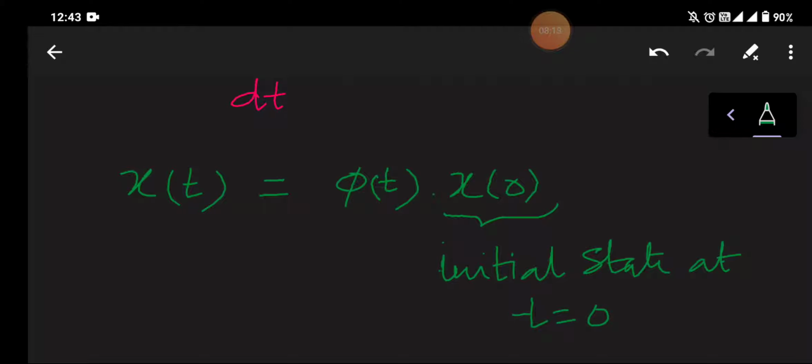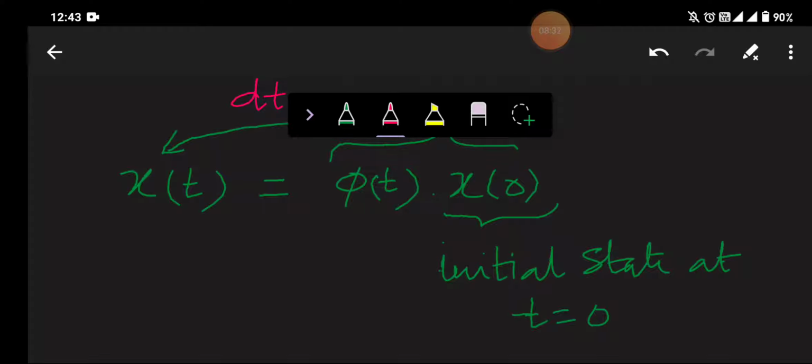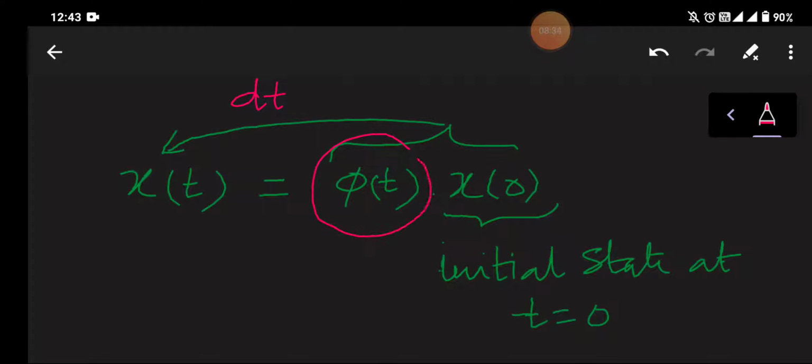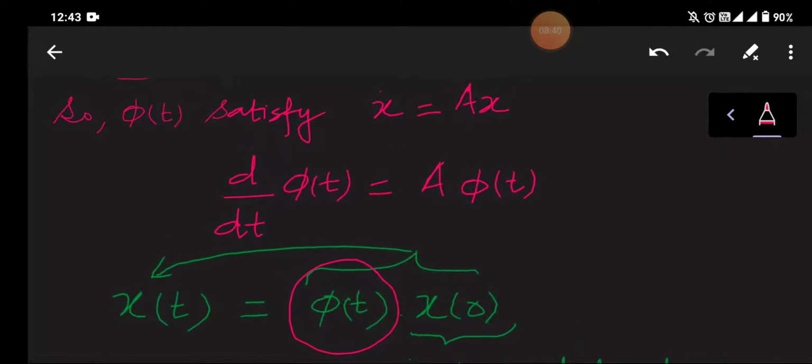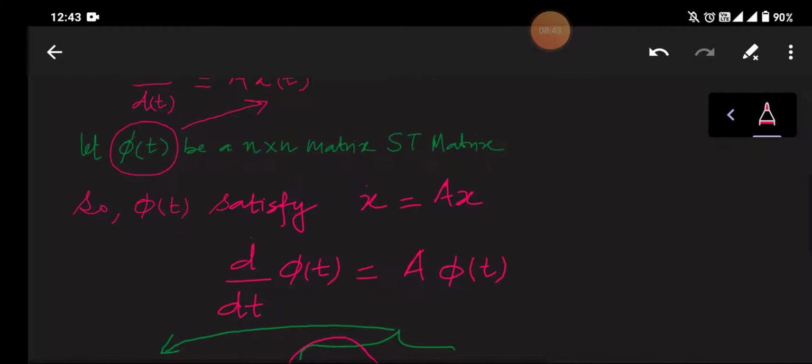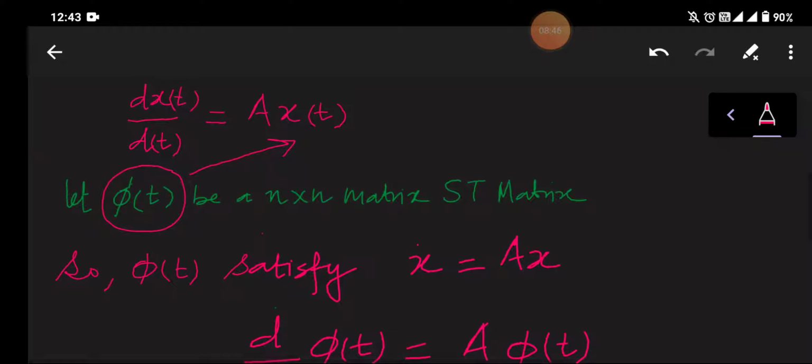At time t is equal to 0, we have an initial state x0, and how this state will be transferred to phi t will be analyzed through this state transition matrix phi t, where phi t is the solution of the homogeneous state equation which satisfies the state equation dx t by dt is equal to a of x t. So phi t is our state transition matrix which satisfies this equation here.